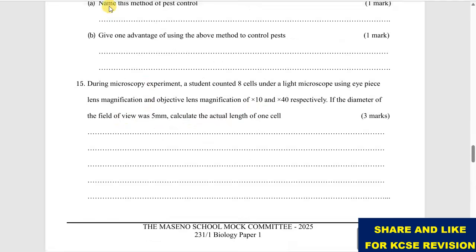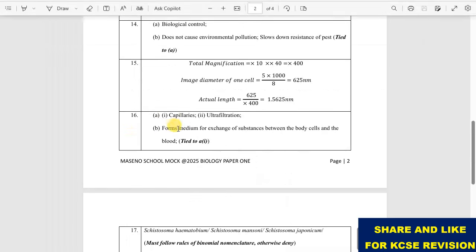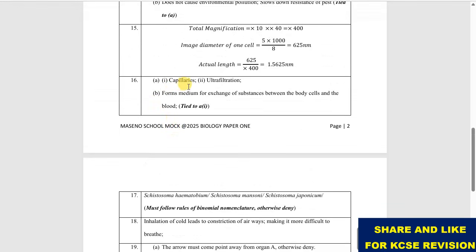Number 16. The diagram below shows the structural relationship between blood vessels in the body. Examine it. Identify the blood vessels labeled K and M and the major process that occurs in it. Identify the blood vessel labeled K. It is the capillaries.